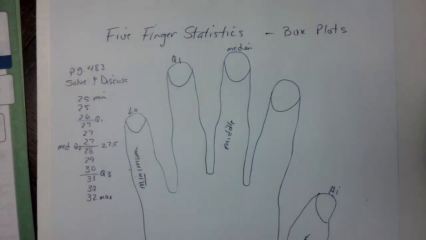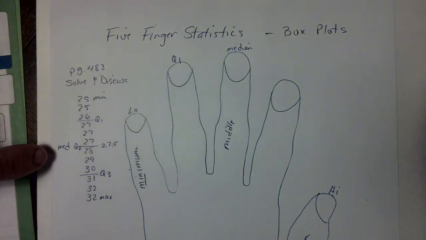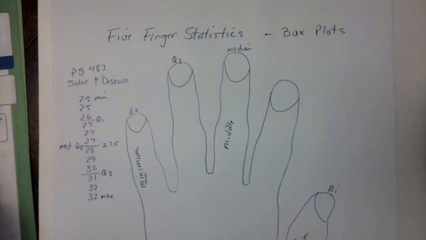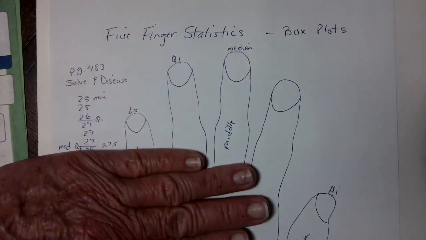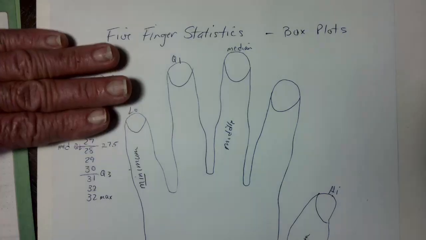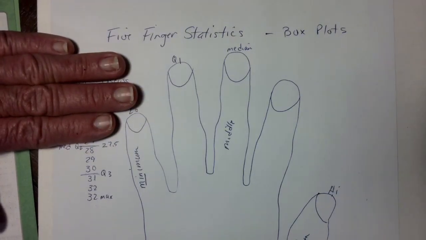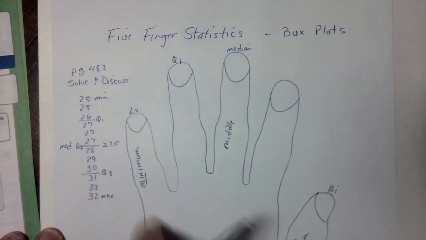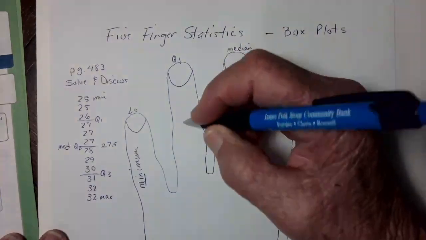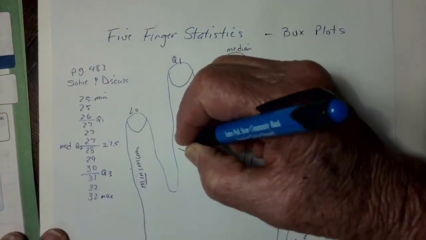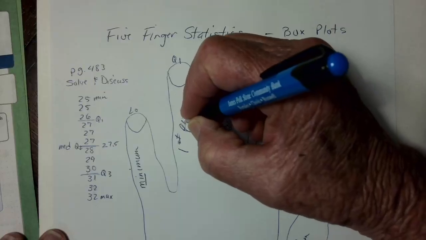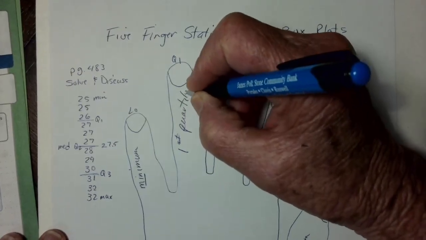So we found the median of all the data. That's the one in the middle. Then we found the median of the bottom half of the data, that's called Q1. Then we found the median again of the upper half of the data, and that's called Q3. So we have a minimum. This is called the first quartile, Q-U-A-R-T-I-L-E.